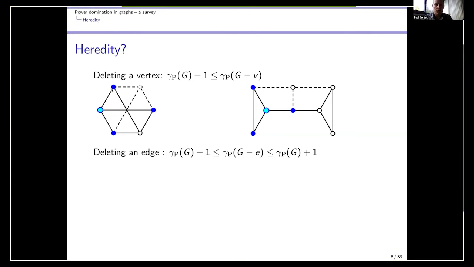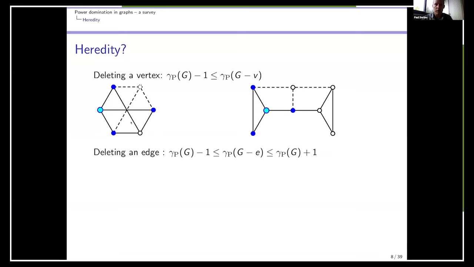From this set of blue vertices, there is no propagation possible, because every vertex that is adjacent to one of these two white vertices is adjacent to both. So it's never the case that we can extend the set, because no vertex will have at most one neighbor not in the set. But if I remove one of these two vertices, suddenly this becomes a power dominating set, because only one vertex is not monitored.